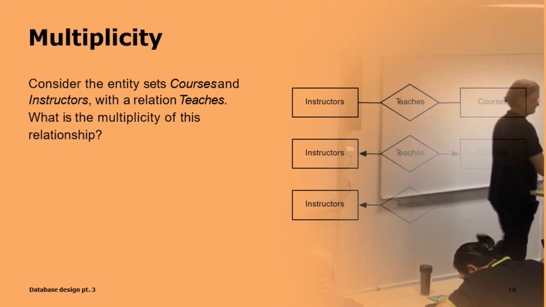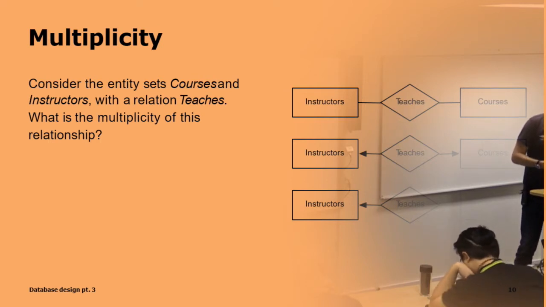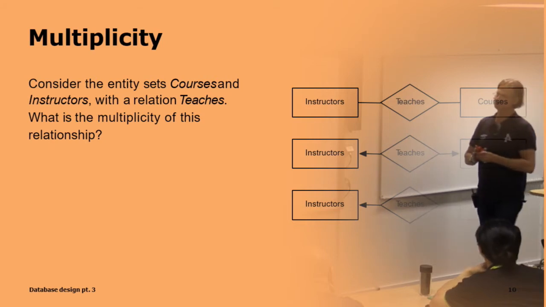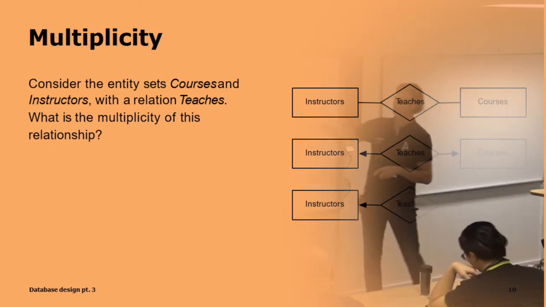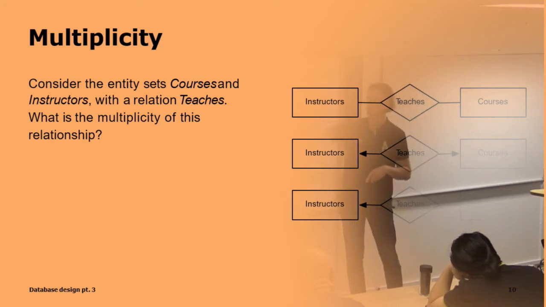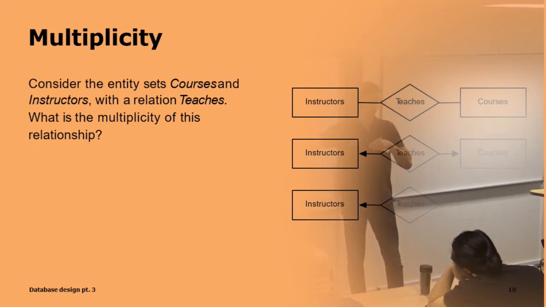I have a question about the middle one. So if one instructor is teaching one course, and the same course could then, going backwards, not have the same instructor, that doesn't make any sense. Exactly. If a course would have had 2 instructors, then that course would have failed here.